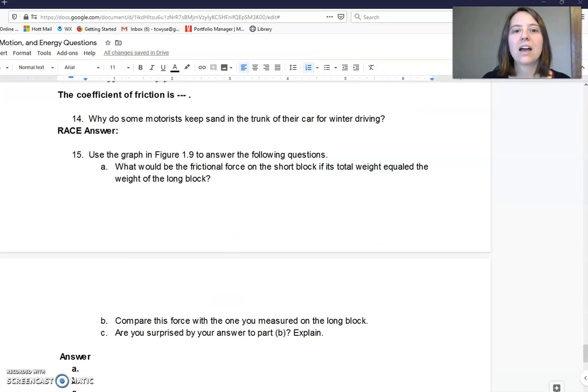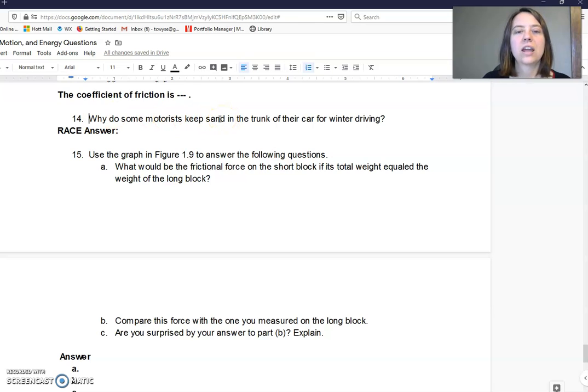Okay, hopefully you have your question Google document open and you're working through these as we go. Moving on to number 14. Why do some motorists keep sand in the trunk of their car for winter driving? Some hints: we know sand could do one of two things.